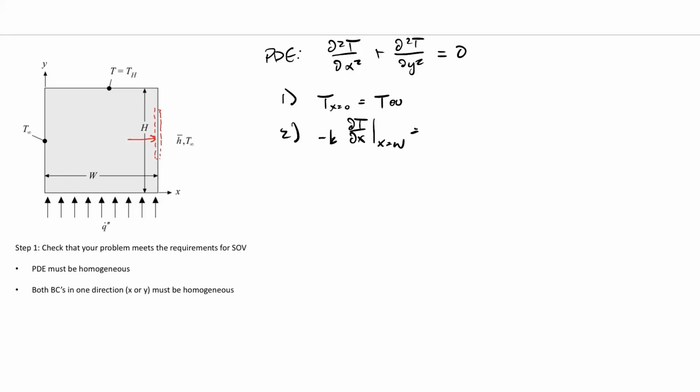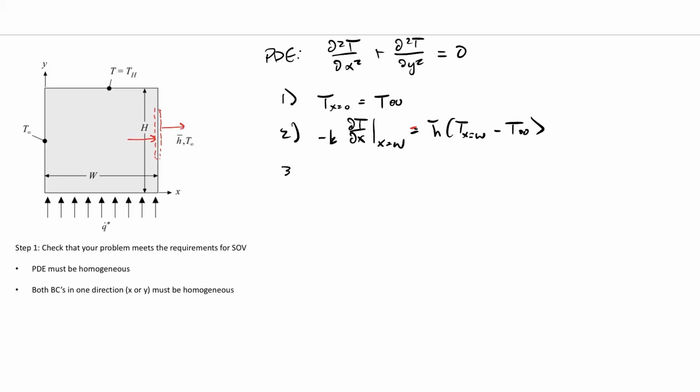And what's happening on the right side? Again, let's draw this, and be careful how we draw our arrows here. We have something coming into the surface on one side. Just a few atoms to the right, we have something else happening. That's convection. So on the right-hand side, we have h bar times the temperature at x equals w, T at x equals w, minus the convection temperature to the surroundings, right? And note, neither of these are homogeneous so far.